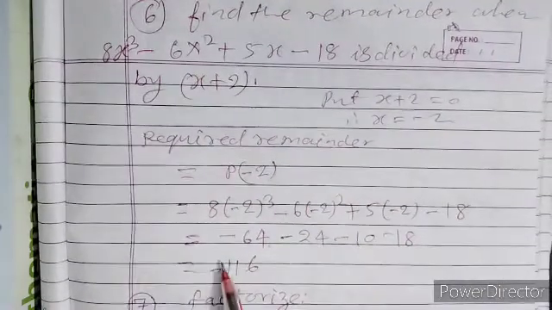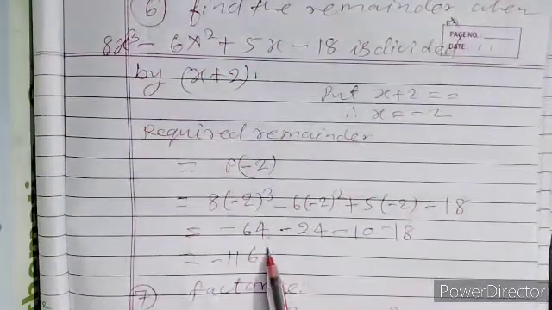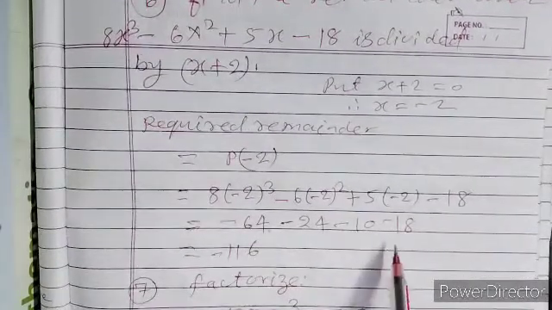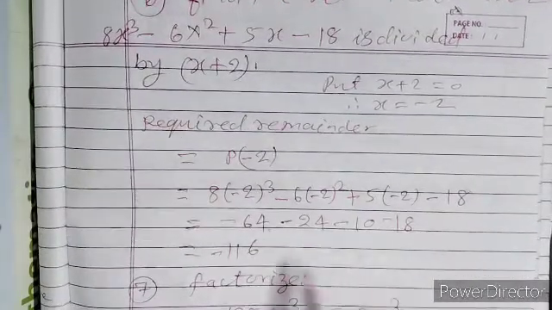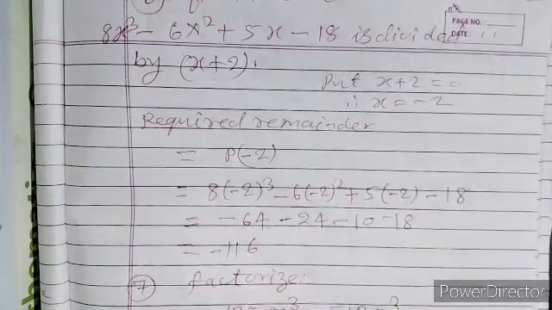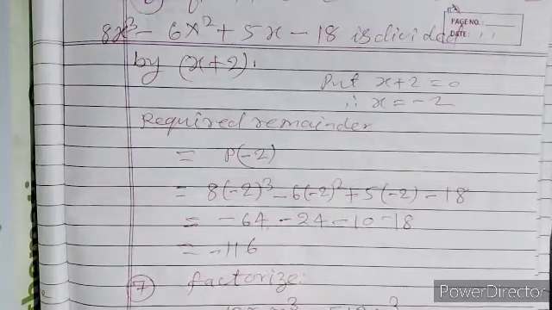So you will get minus 64 minus 24 minus 10 minus 18, calculated as minus 116. Therefore, the remainder when the given polynomial is divided by x plus 2 is minus 116.